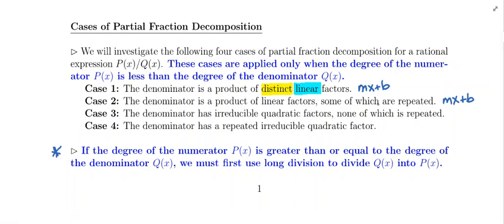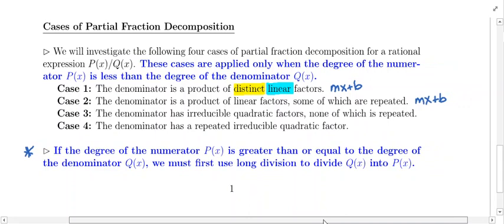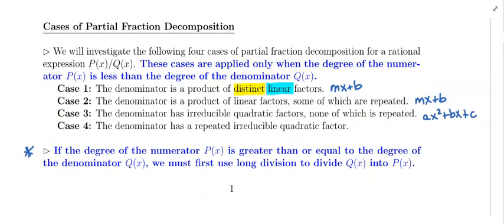Case 3, the denominator has irreducible quadratic factors, none of which is repeated. Okay, so in case 3, the denominator is going to have quadratic factors. Those look like ax squared plus bx plus c. They're irreducible, which means you cannot factor them any further, and they're also not repeated.